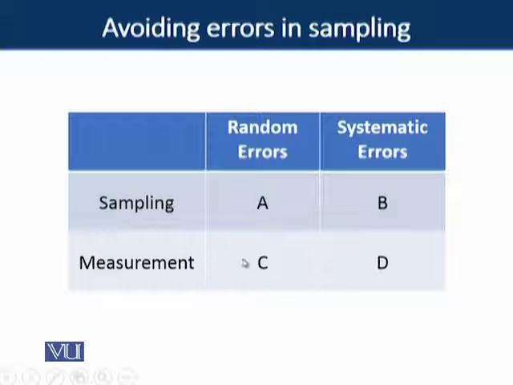Measurement errors are basically the fluctuation which may be fluctuating in either direction. It may be going up or it may be going down, but it's the fluctuation, and this fluctuation is the part of measurement. It's not related to sampling, it's just related to measurement, because the instrument may not be able to take exact and same measurement, right?